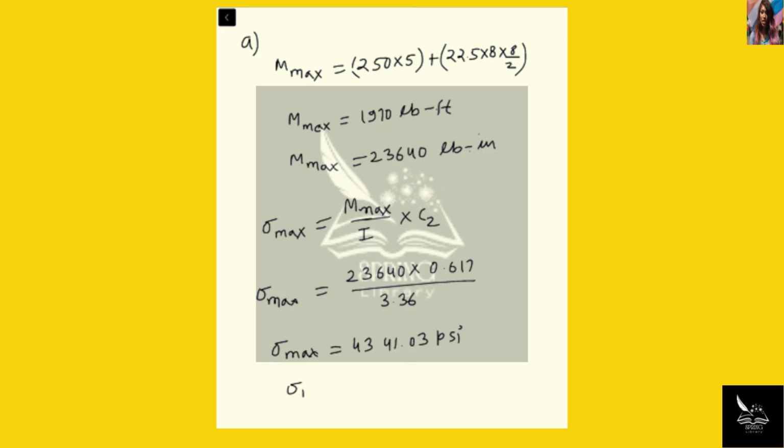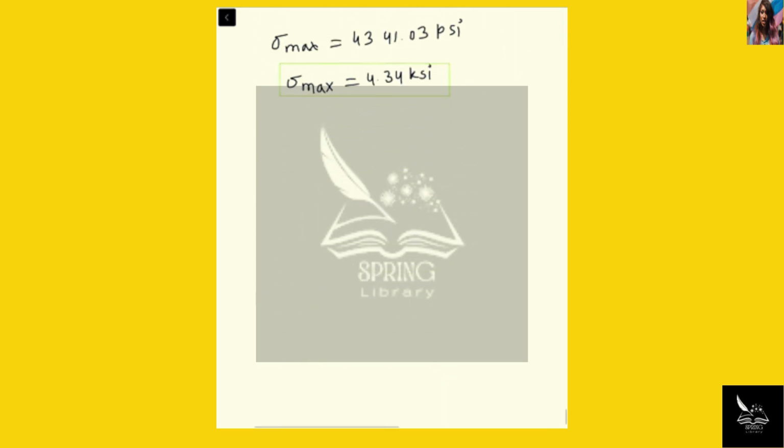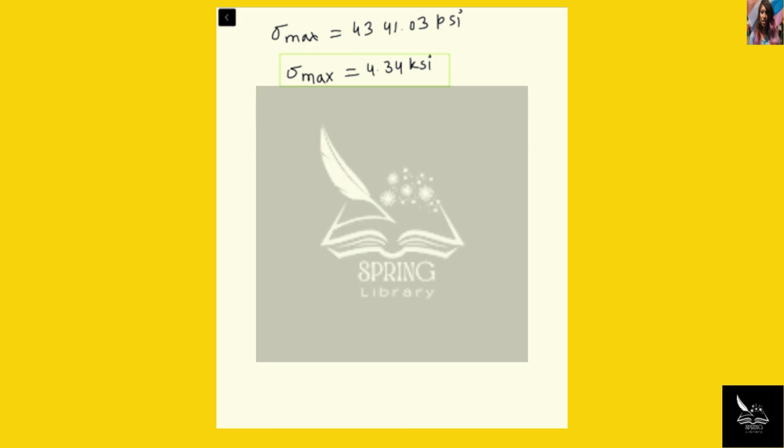Okay, so from here we get sigma max equals 4341.03 psi, or sigma max equals 4.34 ksi. Okay, so this is the answer for part A of the problem.